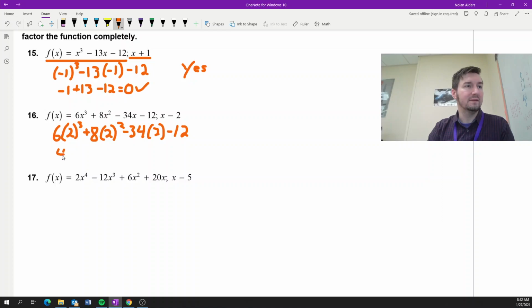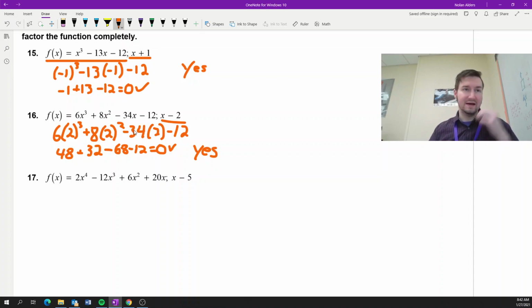So this will be 48. 2 squared is 4. 4 times 8 is 32. 34 times 2 is 68. And minus 12. So let's evaluate that. 48 plus 32 minus 68 minus 12 comes out to be 0. So that again is a yes. x minus 2 is a factor.